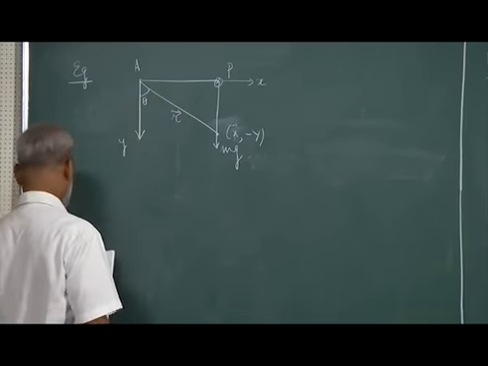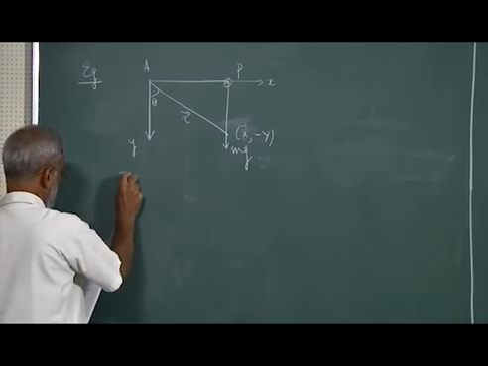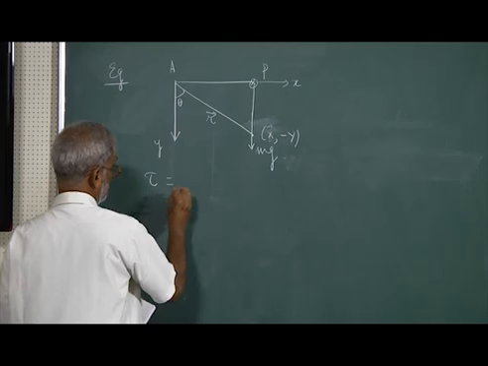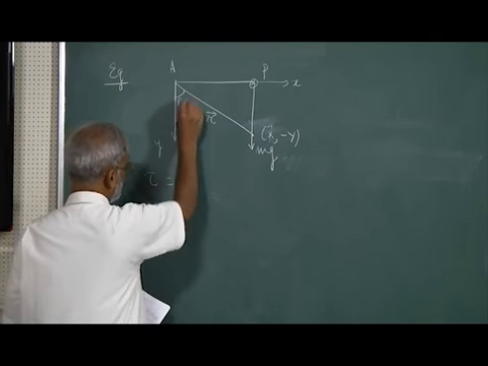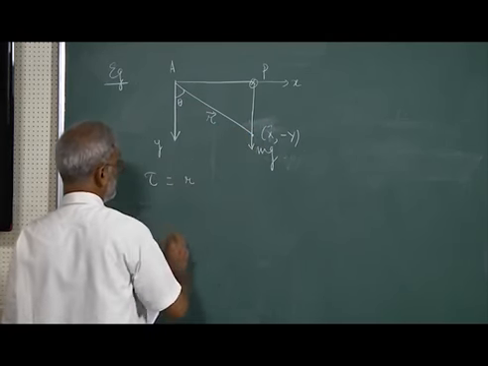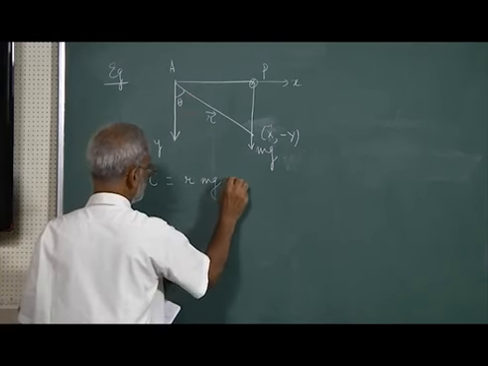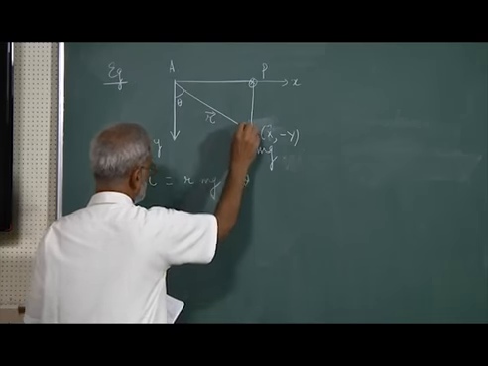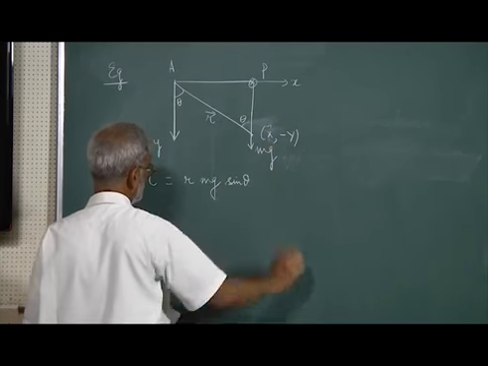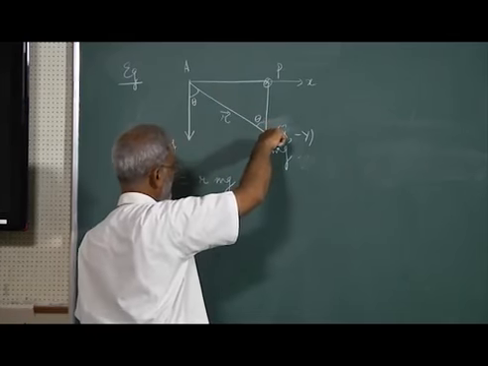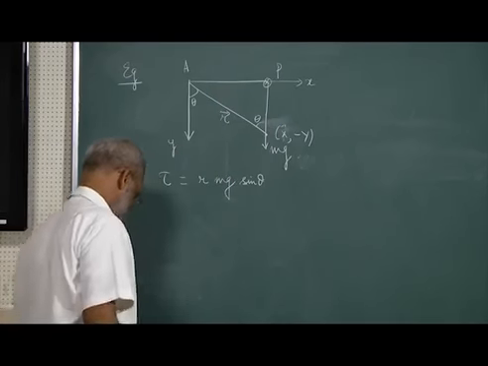Now what is tau? Tau is equal to the magnitude of r times the force times sine of theta. Remember, we always take the small angle whenever we take the cross product; this is the theta.